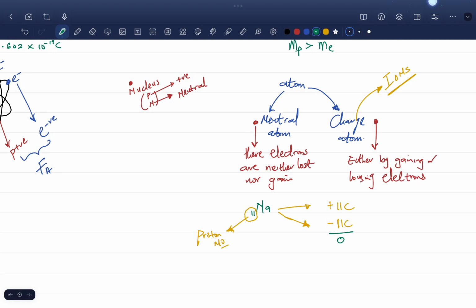But if, on the other hand, sodium should lose an electron, which you know sodium will definitely do, why? Because sodium is a metal. You can try to dig up a lot of metals in your element concept, and sodium is a metal, and this time sodium loses 1 electron.